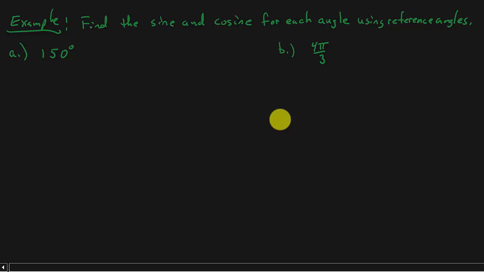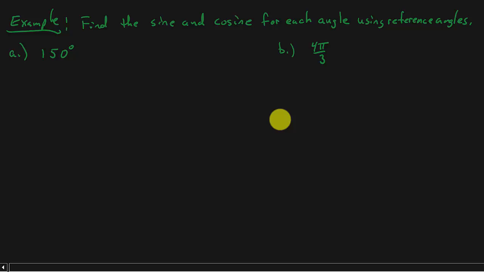All right, so this is important right here. Whenever you're calculating sine and cosine of angles, actually I think these directions should say find the exact values of sine and cosine, where you can't use a calculator.